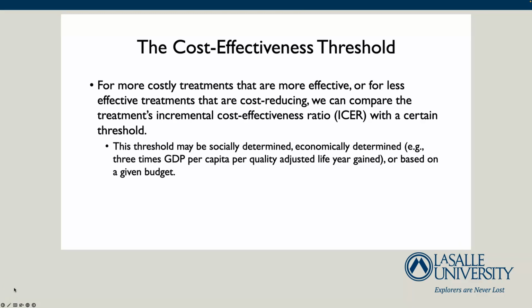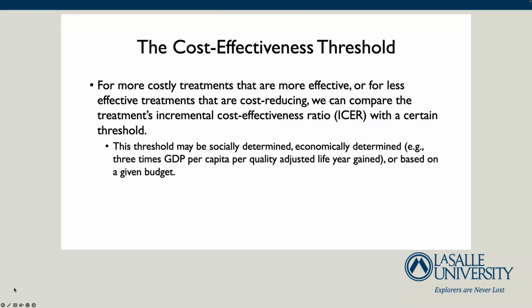For those more costly treatments that are more effective, or for less effective treatments that are cost reducing, we can compare the treatment's incremental cost effectiveness ratio with a certain threshold.